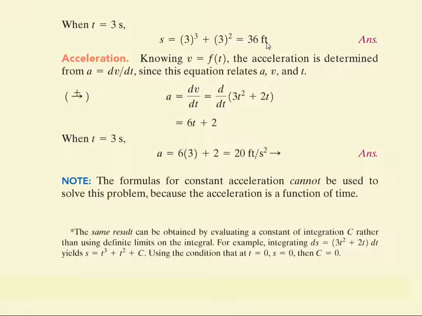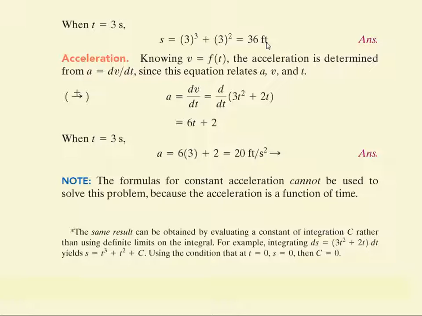Now the acceleration. If we know the velocity as a function of time, the acceleration can be determined by differentiation of that. So dv dt is the acceleration. Since the equation relates a, v, and t, the acceleration is dv dt, of the function that we have, 3t squared plus 2t.